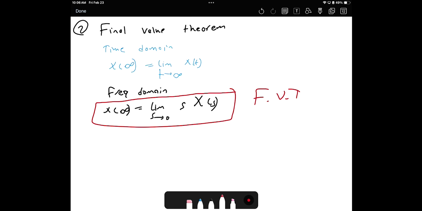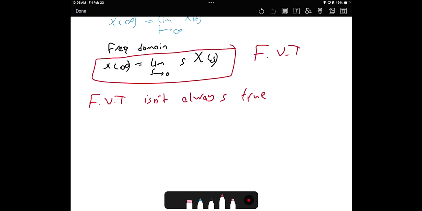But actually, the final value theorem is not true every time. That's a concern. It's not always true. How can we know if this is true or not?